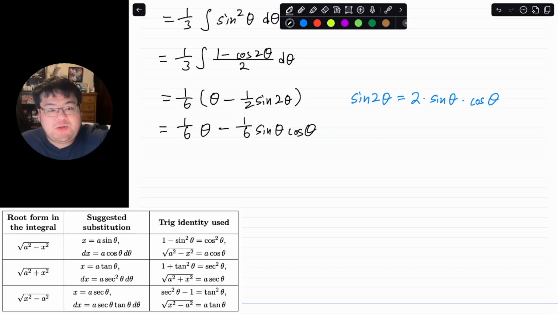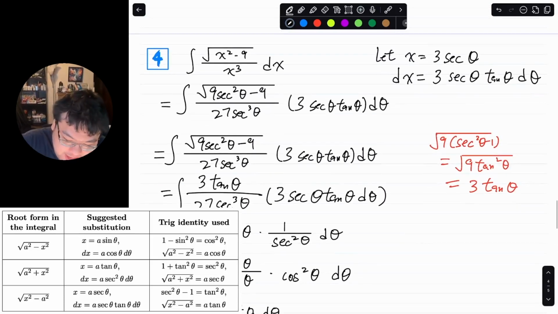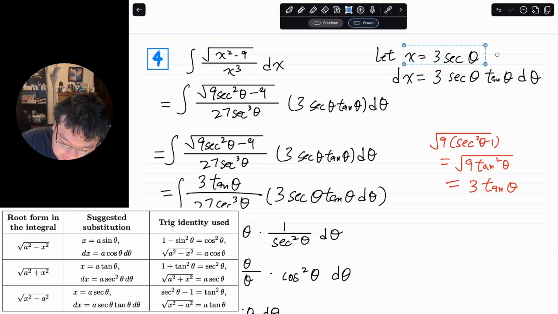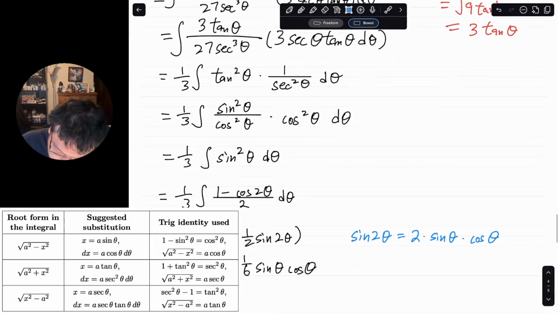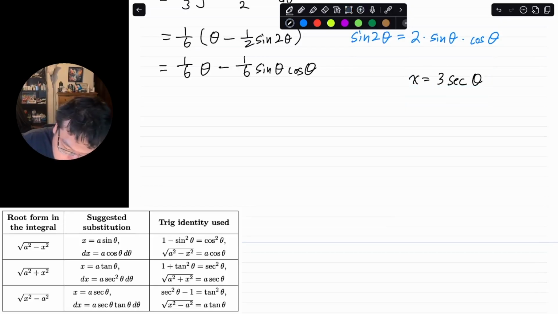Okay, so now what we need to do is to find back what sine theta and cosine theta are, and again we use the same trick, right? So now we have x equals 3 secant theta. So x divided by 3 will be secant theta.